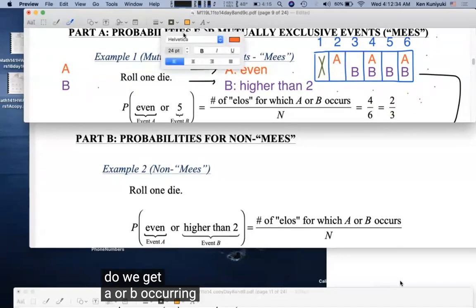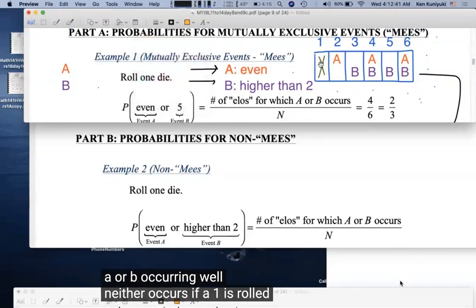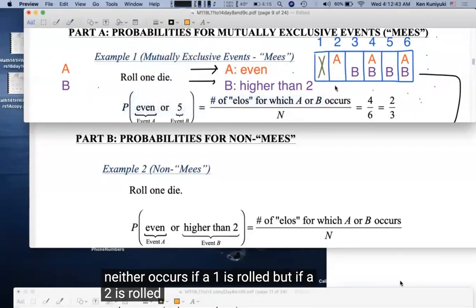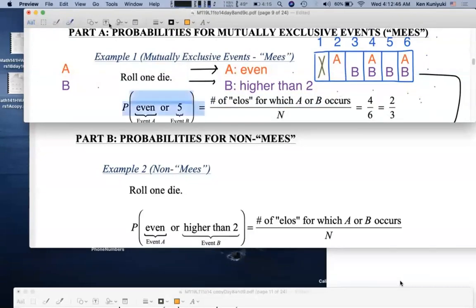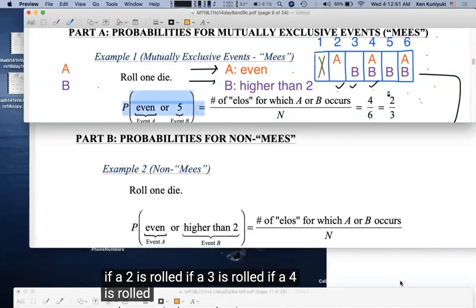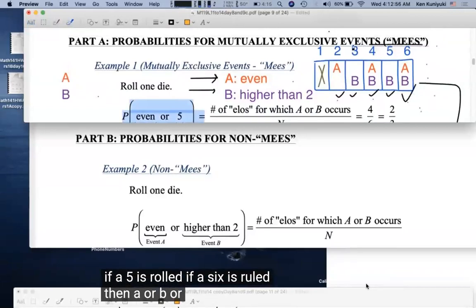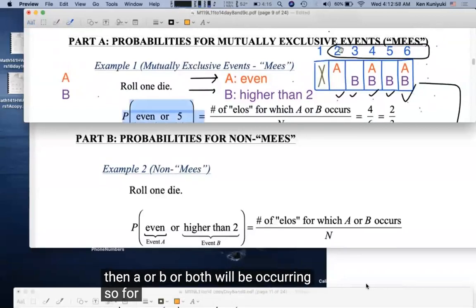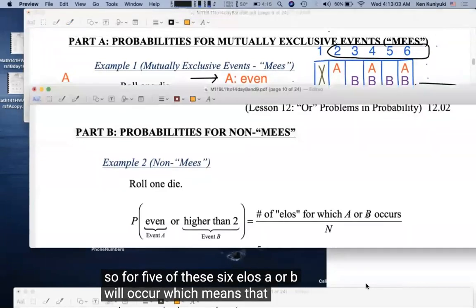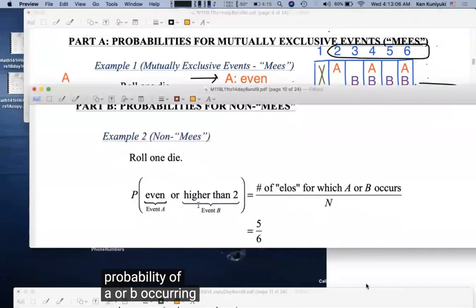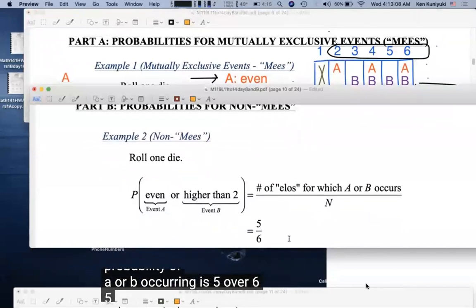Well, neither occurs if a 1 is rolled, but if a 2, 3, 4, 5, or 6 is rolled, then A or B, or both, will be occurring. So for 5 of these 6 outcomes, A or B will occur, which means that the probability of A or B occurring is 5/6.